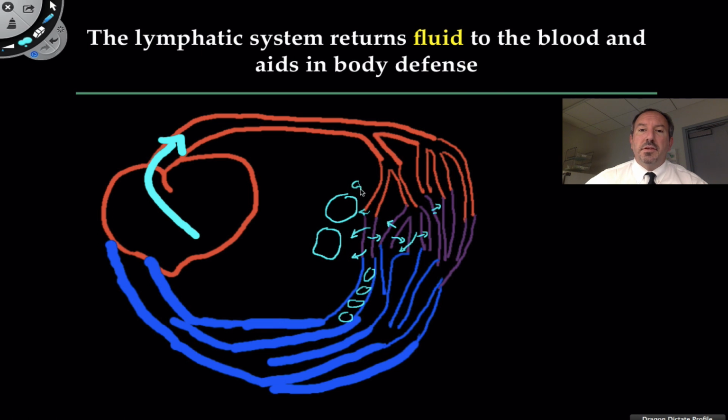And so white blood cells can actually move outside into the tissue fluid over here as well. So white blood cells can leave, but the red blood cells are going to stay in. And it's a closed system because, as you can see here, the blood is then returned to venules and then to veins, and then ultimately the superior and inferior vena cava into the right atrium of the heart.